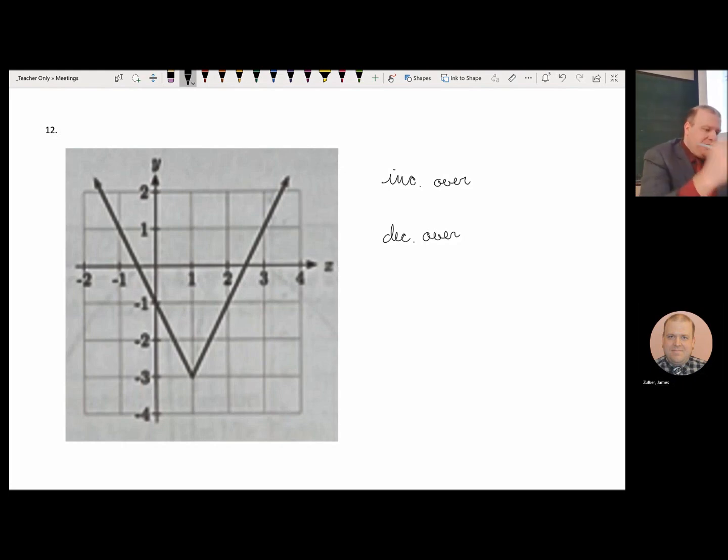Increasing from 1 to infinity. What about decreasing? Infinity to 1. Yeah, I'd accept that.